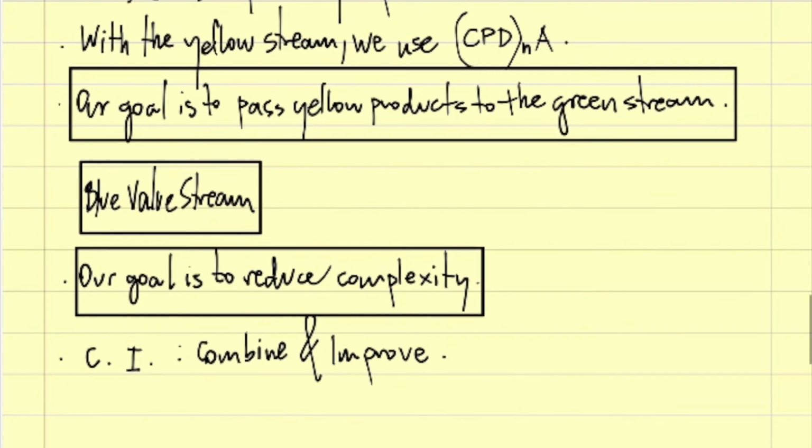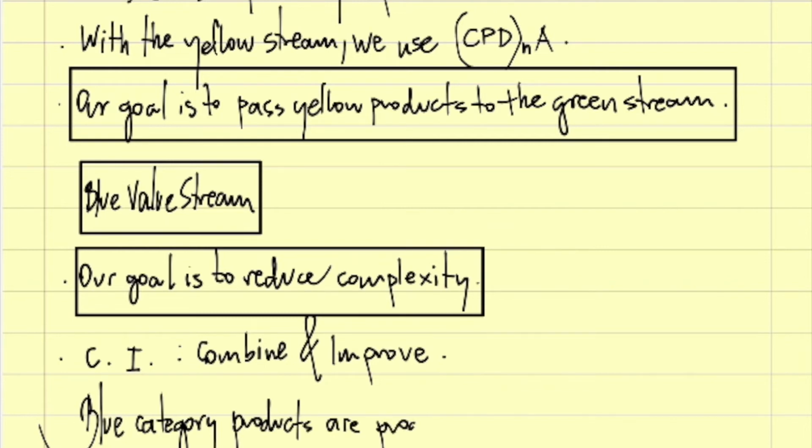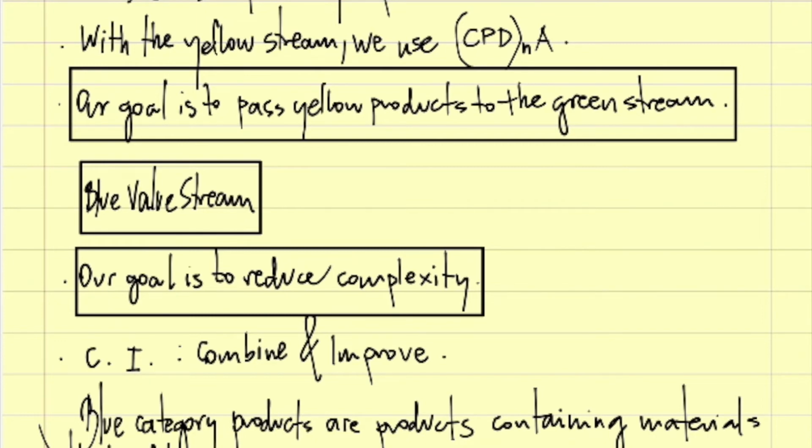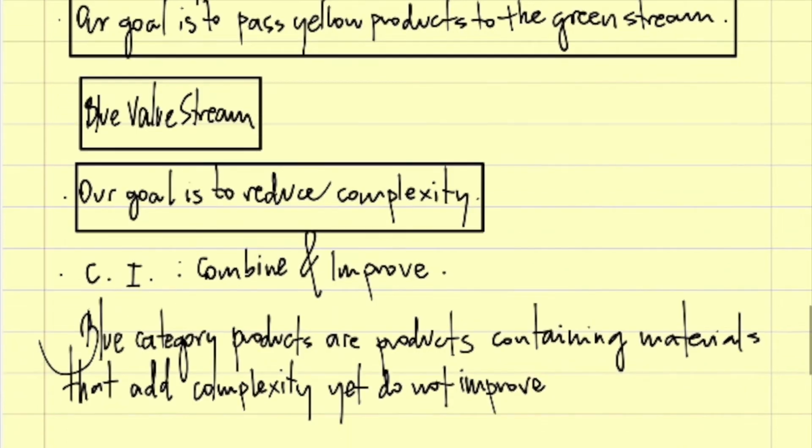Okay, so blue category products are products containing materials that add complexity yet do not increase customer value.